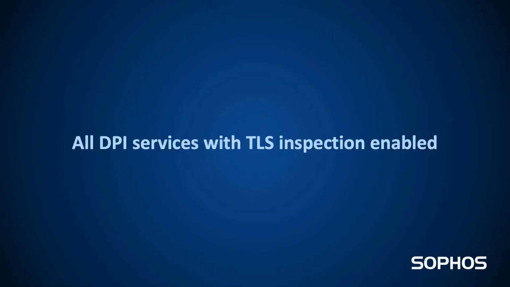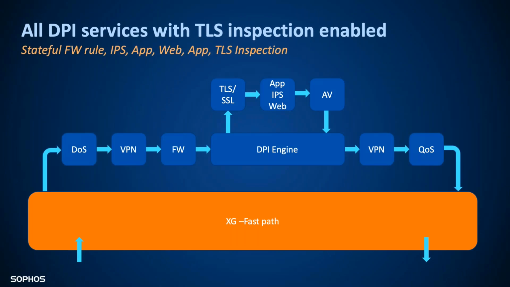Now we'll go through the scenario where all DPI services with TLS inspection are enabled, so we will have even AV scanning in this example. In this configuration, the DPI services are turned on, and the slow path forwards the traffic to the DPI engine. It checks for TLS traffic, always goes for IPS and app control identification, and carves the file. If the return traffic coming from the internet has a file on it, it downloads the file, carves it into the file system, and submits it to the antivirus for further scanning.